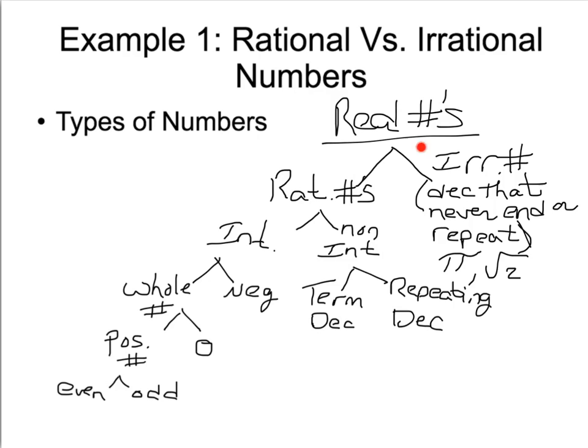Because it's rational, we know it's real. Or maybe I give you the decimal .333 repeating. You would say repeating decimal, non-integer, rational number, and real number. So you want to start at the bottom of the document and then work your way up towards the top, kind of following the little arrows as we go.